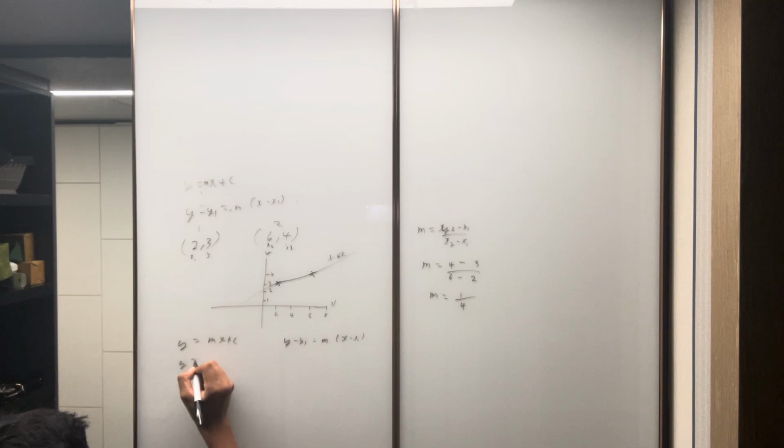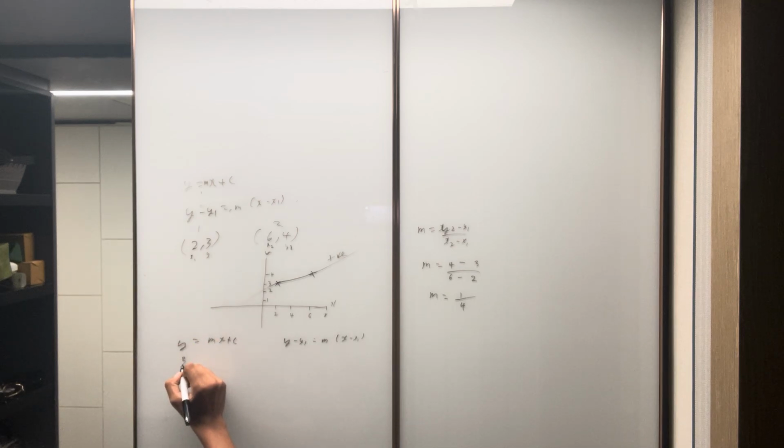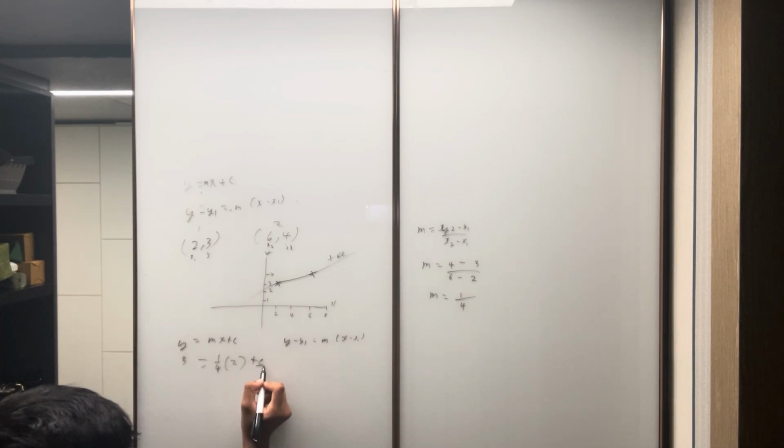We take the y value as 3 in this case, while the gradient we found was 1 by 4. The x value we take as 2. I would like to add brackets just for safety, and plus c. C is the constant we have to find.